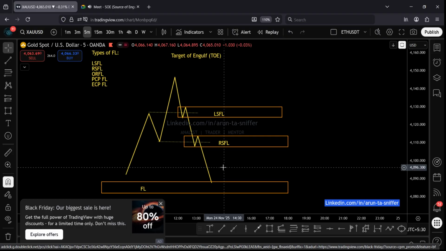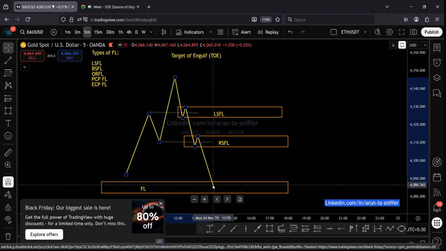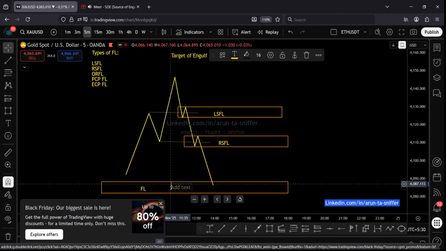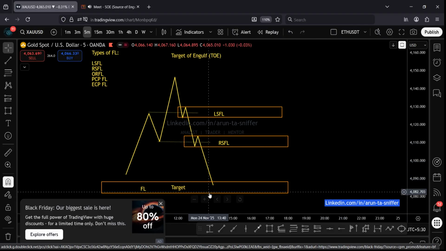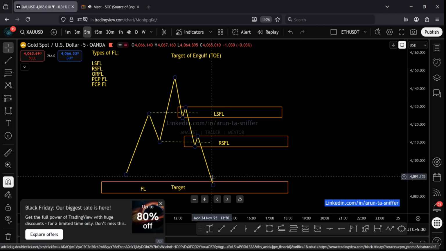If this doesn't happen, what will price do? Think like price did not reach the target. Think like this FL is the target to this side. If price doesn't reach this target, what will happen?